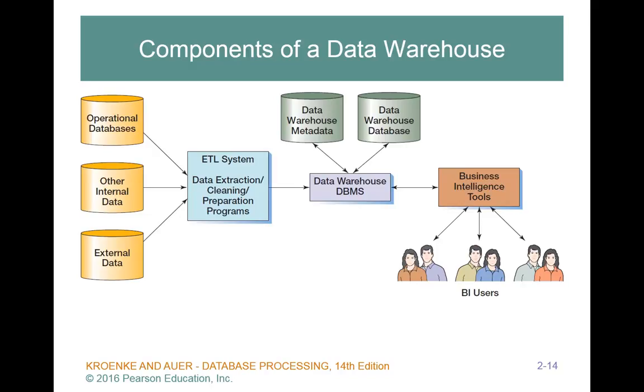The key here in the data warehousing system is your ETL system, or your extract, transform, and load system. This is the system that prepares the data for business intelligence processing by the database management system. The ETL system gathers this data from a number of different sources, formats it, and structures it.